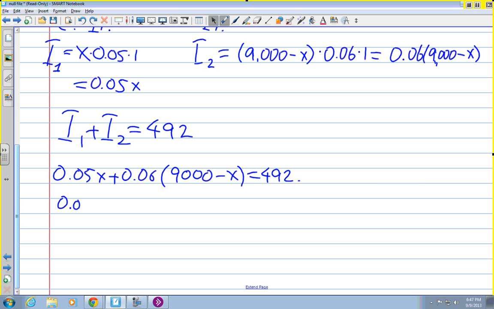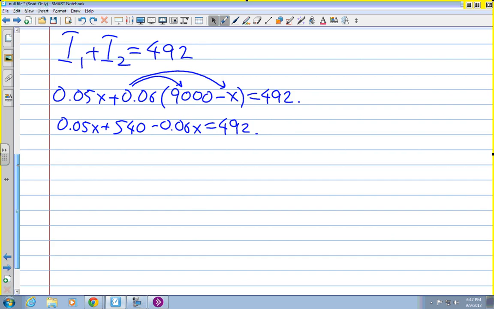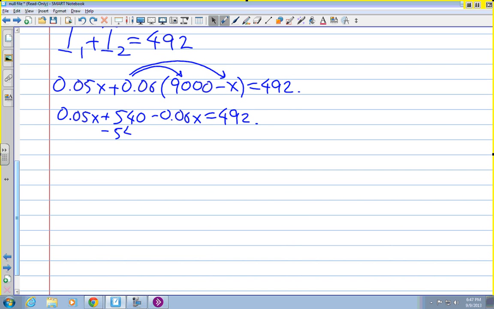So 0.05x plus 0.06 times 9,000 is 540. And then going that way, minus 0.06x equals 492. Combine like terms and subtract 540.